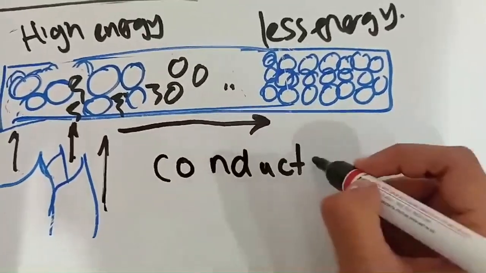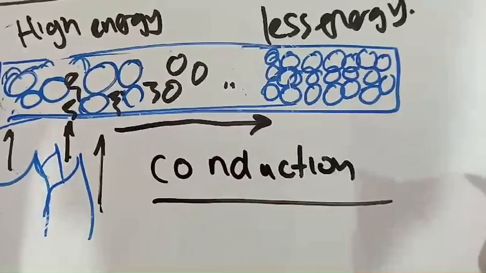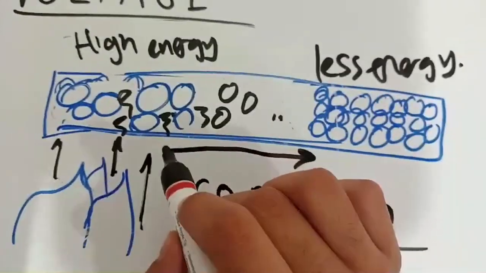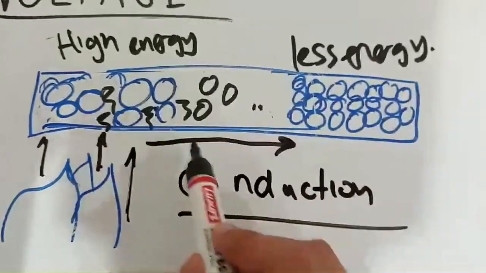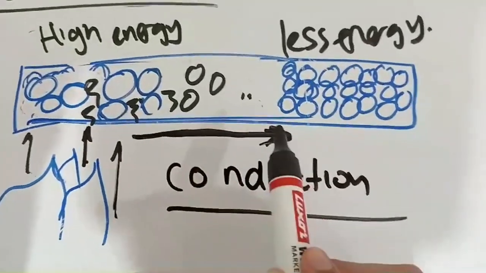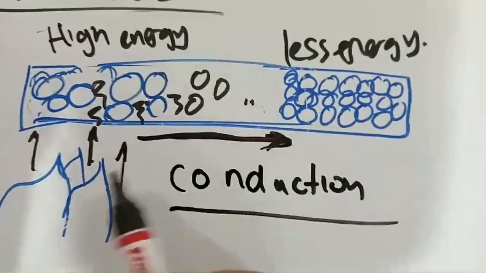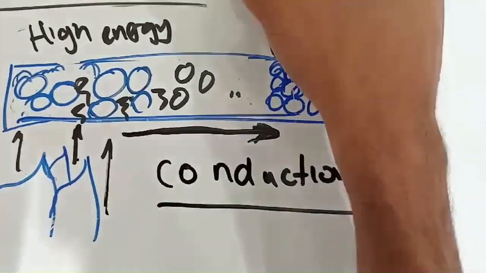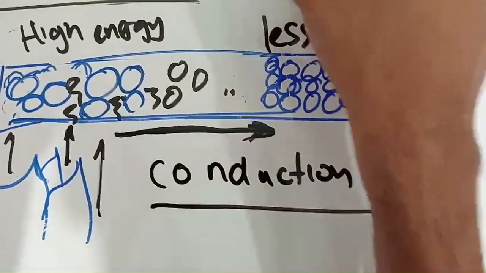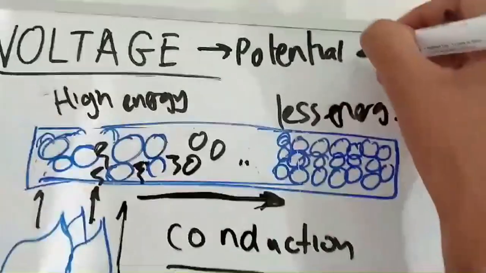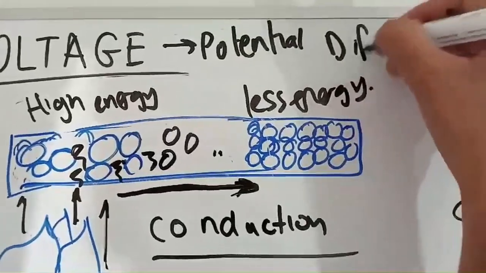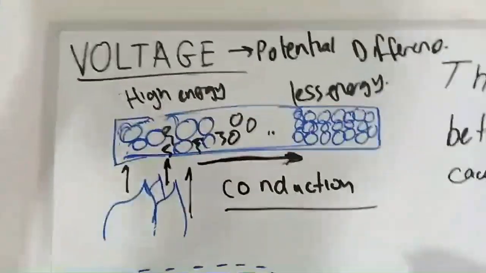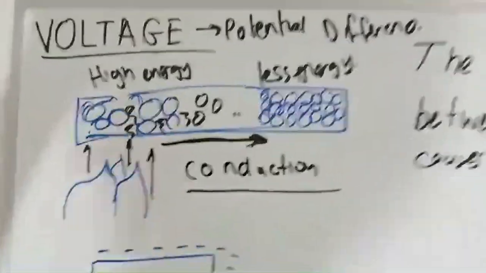Now you may ask me, what does conduction have to do with voltage? Well, you see here, the thing that drives the movement of energy is the difference in energy. And so this is why voltage is also called potential difference, because voltage is aimed at creating a potential difference.